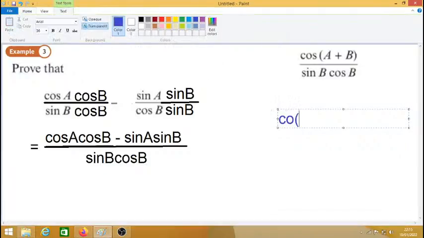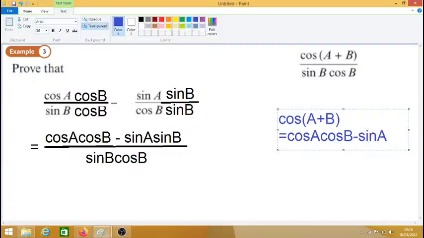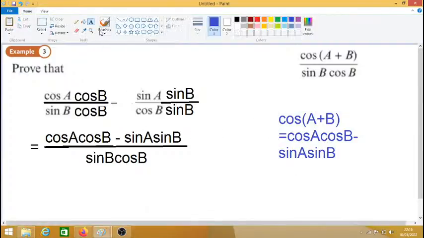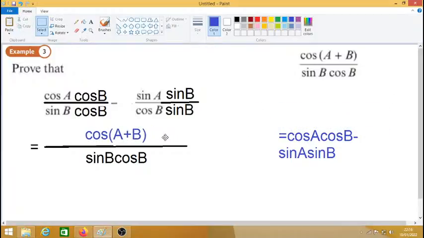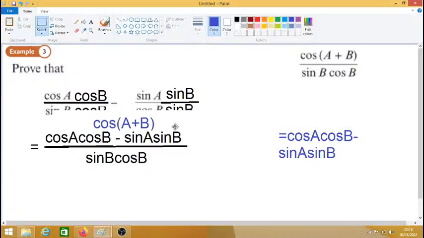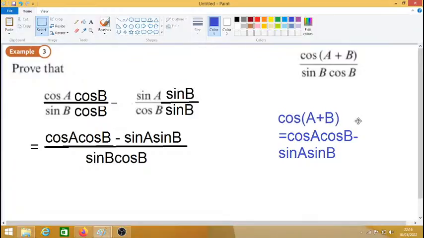The cos addition formula is cos of two angles, A plus B, can be written as cos A cos B minus sine A sine B. And that's what we've got here. So we can replace that whole thing with just cos A plus B. So take a look again.